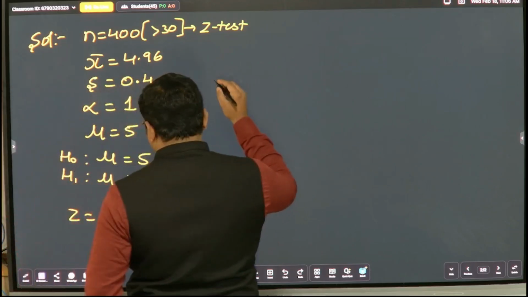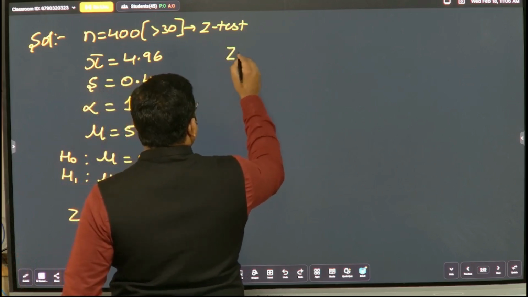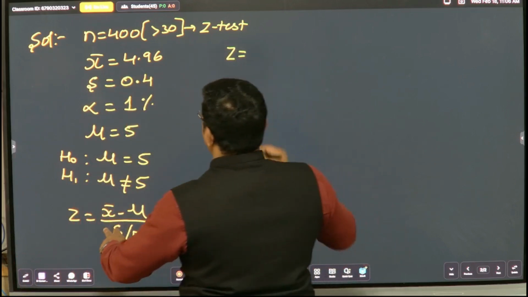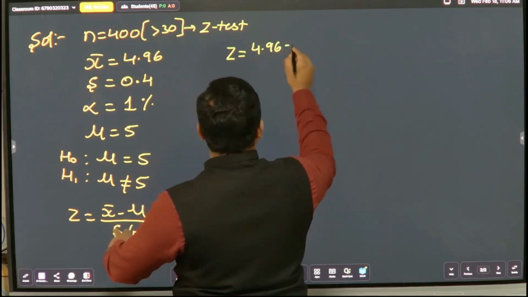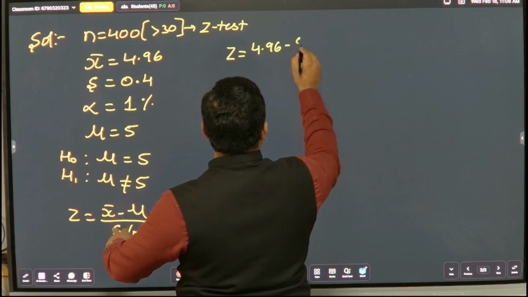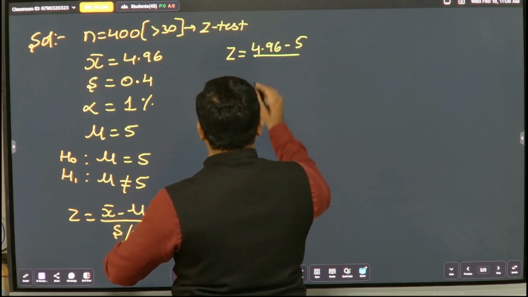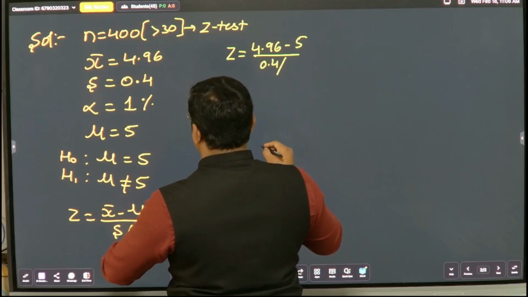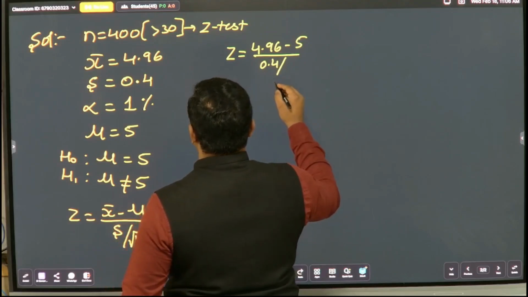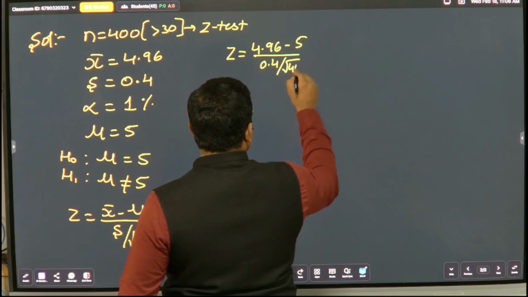Come on. Z is equal to x bar, 4.96 minus 5, divided by 0.4 divided by square root of n, that is square root of 400.